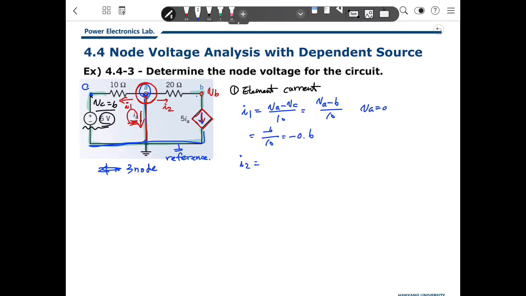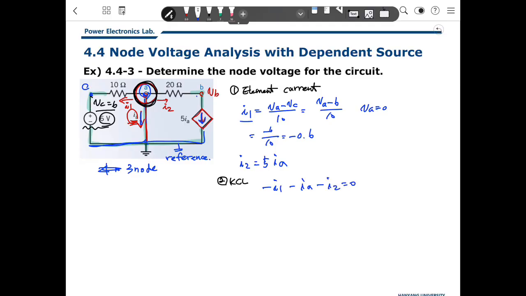I2 is the same as this current source, 5 IA. And this is IA. Then we do the KCL at node A. How much is it? Minus I1 minus IA minus I2 will be 0.